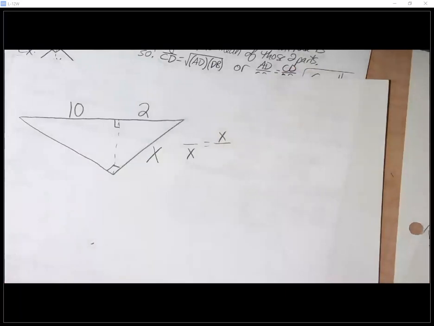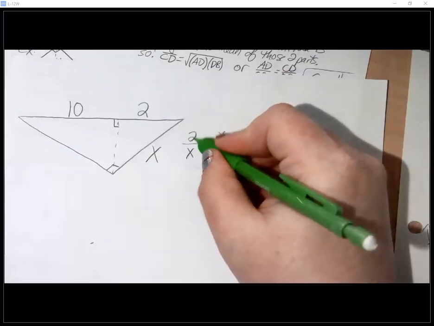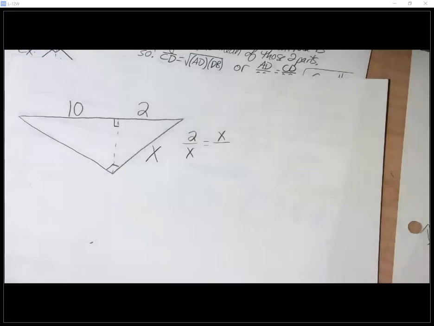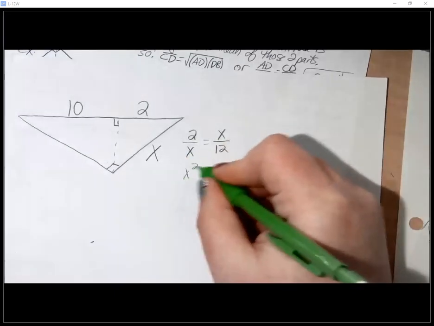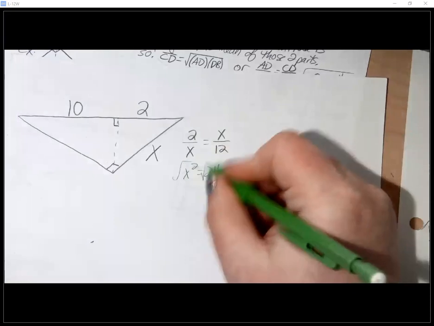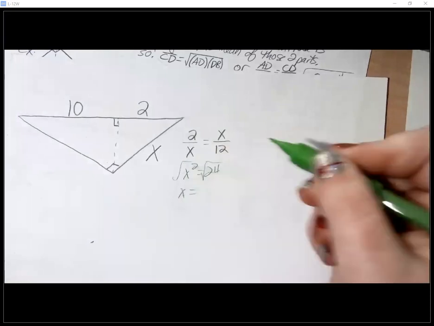So what's that in this case? 2, right? 2 is the value of the piece that it's connected to. And the whole hypotenuse, which would be 12. Yes. So X is going to be the square root of 24, right? Just simplify that because you'll get X squared equals 24, square root, square root. So that's just 2 root 6.